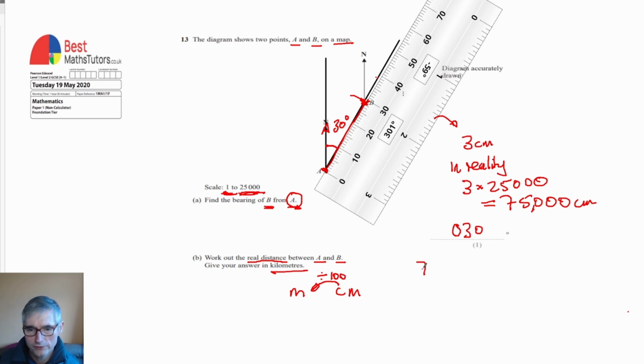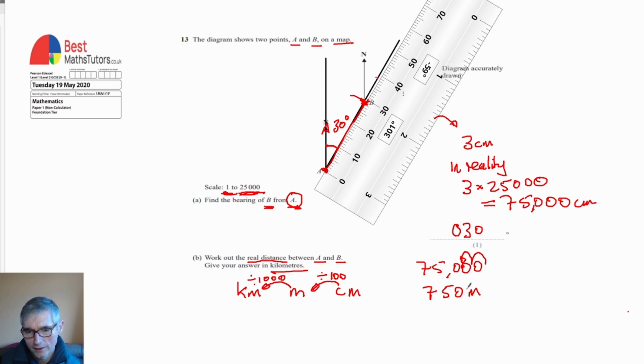If I take my 75,000 and divide it by 100, it's the same as just moving the decimal point 2 places back, and it would go after that first 0. So in meters, the distance is actually 750 meters. Then if I want to convert it into kilometers, because there's 1,000 meters in a kilometer, I need to divide the number by 1,000.